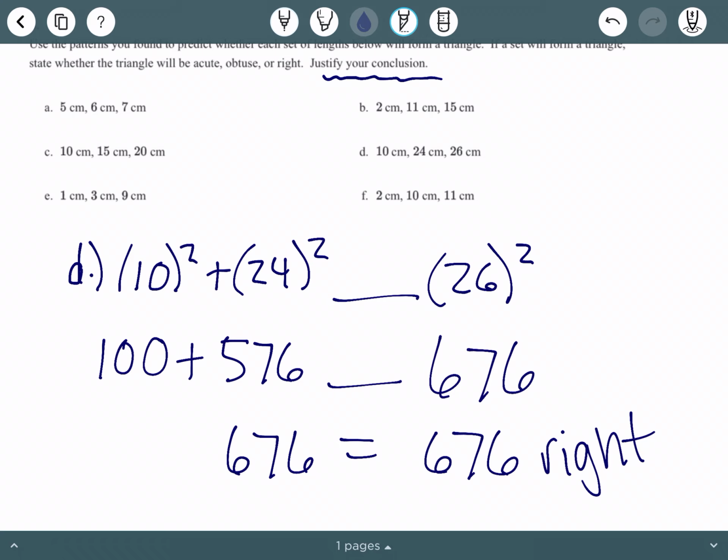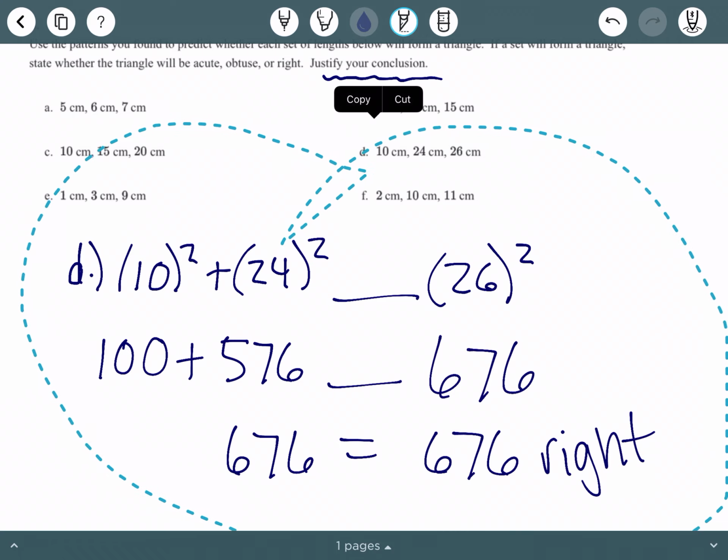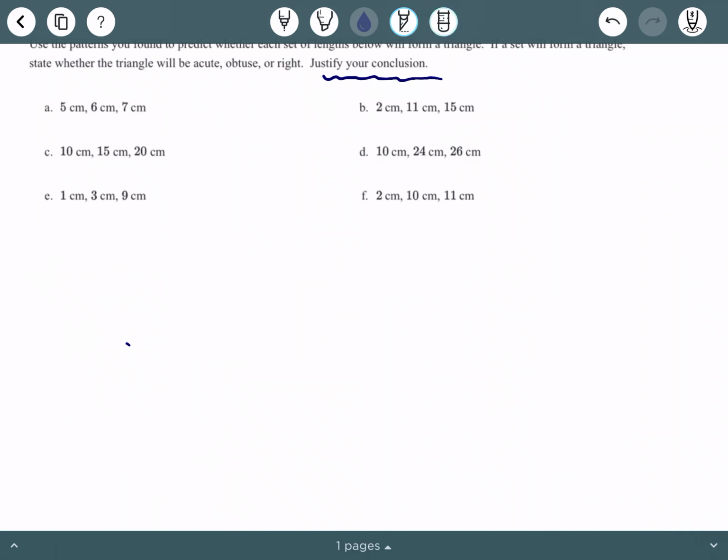All right. Part E. We have sides 1 centimeter, 3 centimeters, 9 centimeters. So 1 plus 3, ooh, that's smaller than 9, so these sides do not form a triangle.